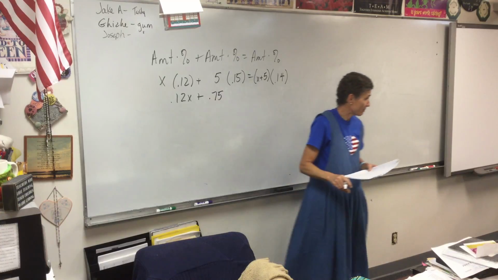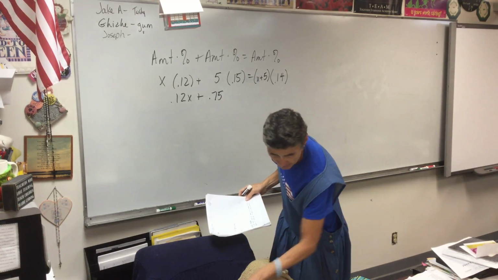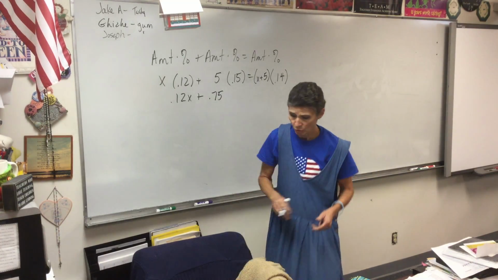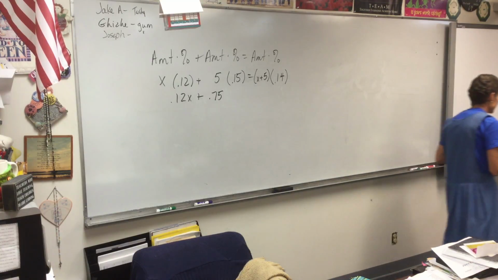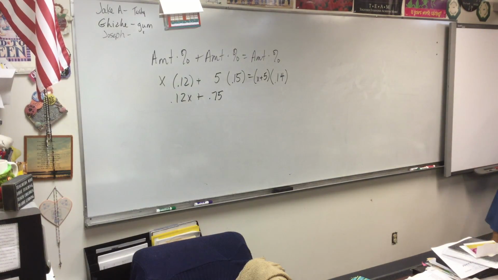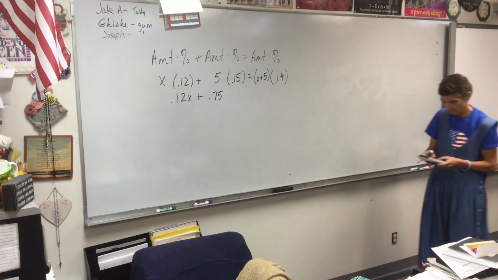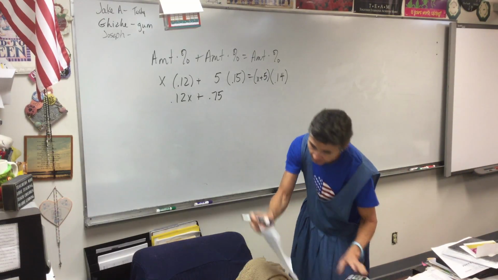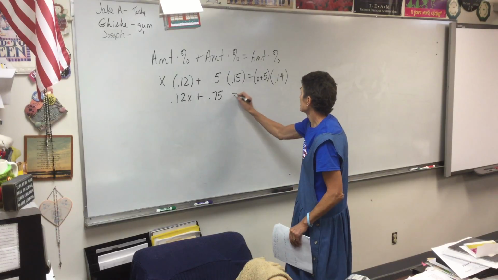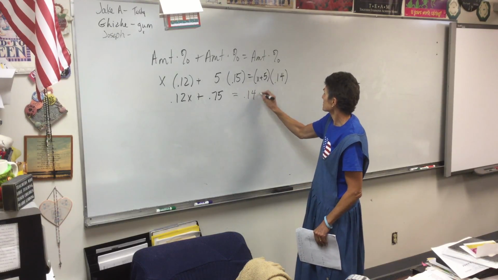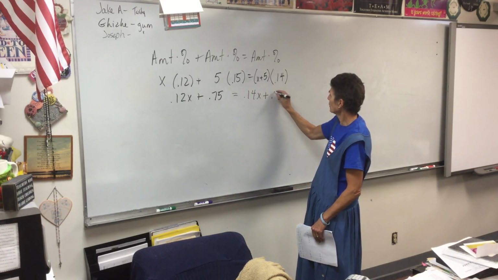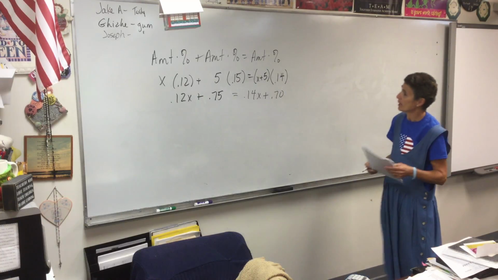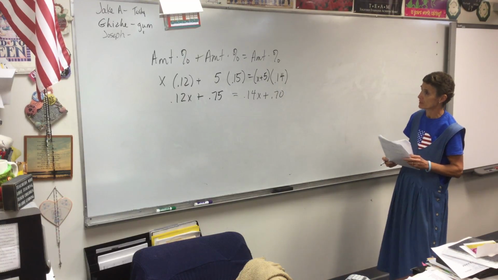I think I need to keep an eye on my arithmetic. Where my calculator is. Here it is. And then 0.14x plus 0.70 if I multiply 14 times 5.